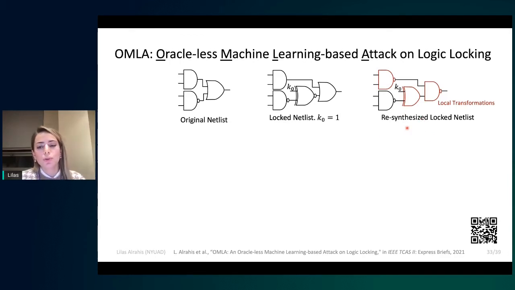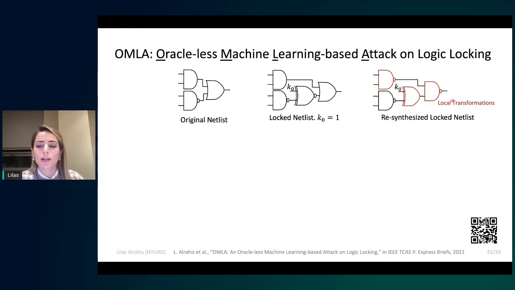I also showed you that the SAIL attack was able to break traditional logic locking, but it had to perform feature engineering to encode the subcircuit, and it had to undo the synthesis. And after undoing the synthesis and moving to the stage here, the attacker would try to predict the secret key. However, one observation is that you do not have to undo the synthesis.